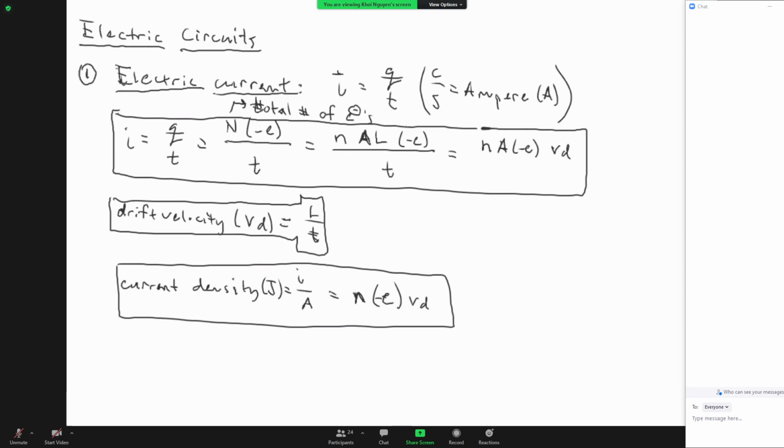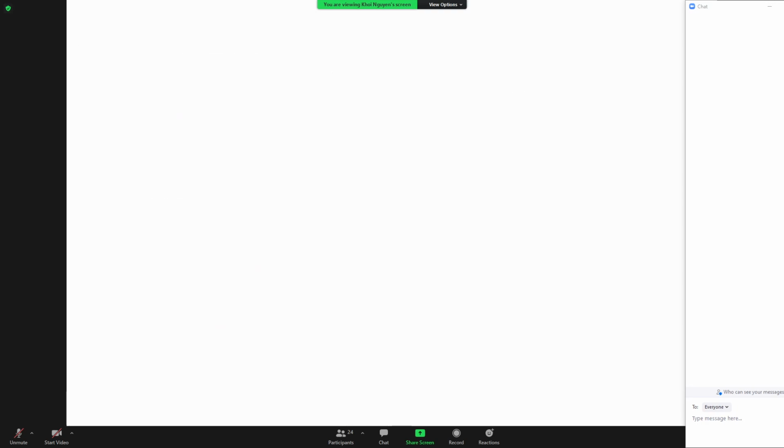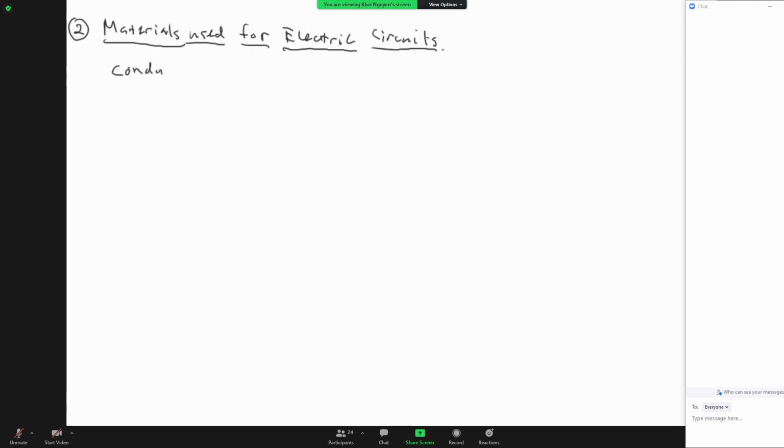The next thing that we need to know about electric circuits is the materials used for electric circuits. So you always have some type of conductive material or some type of insulative material.